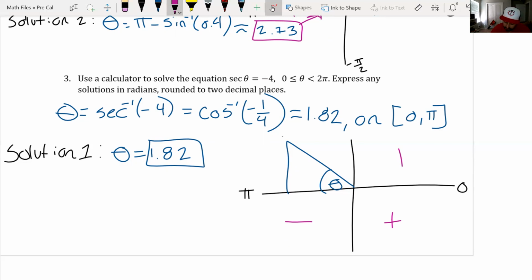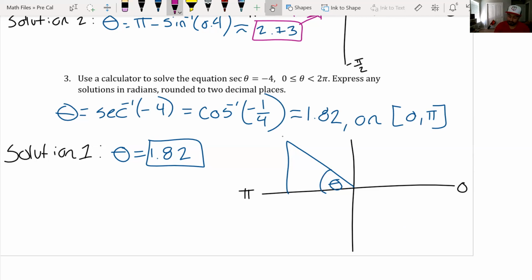Well, if we try the trick of adding a pi, this will put me in quadrant 4 where cosine is positive. And we need cosine to be negative. So adding a pi is not going to work.